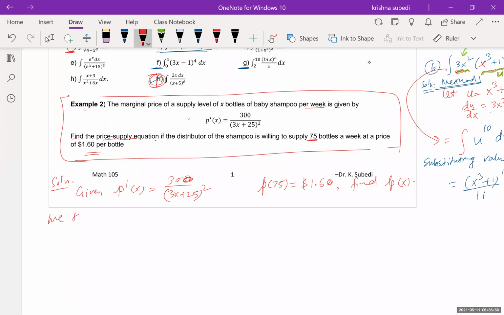So we already know from our previous class that price P of x is actually the antiderivative of the derivative, right? So the antiderivative of the derivative, which is 300 over (3x plus 25) squared dx. Now I want you to evaluate this integral.